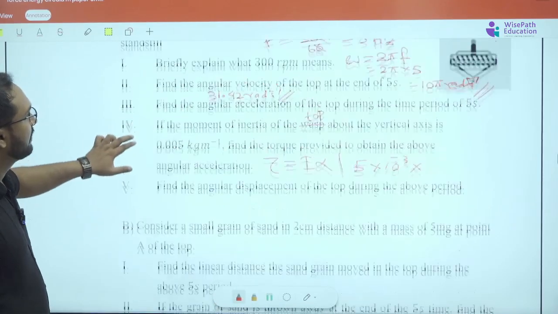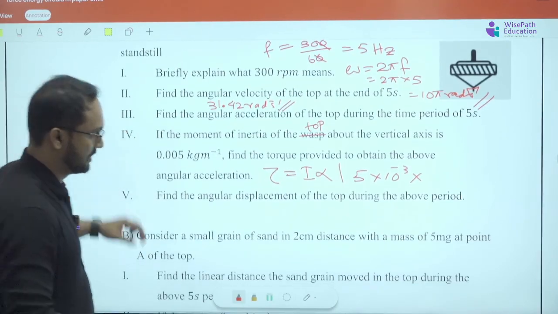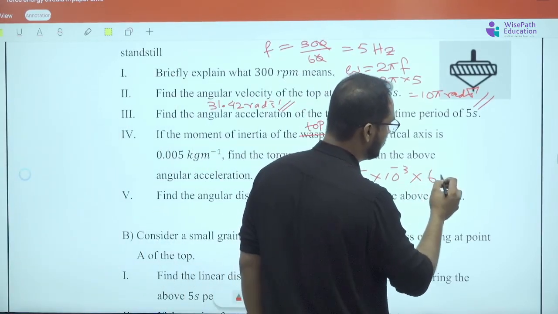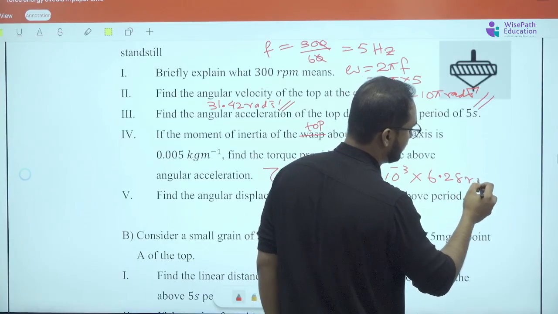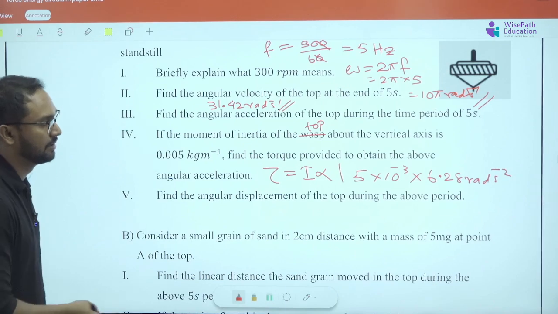We found alpha as how much? 6.28 radians per square second.